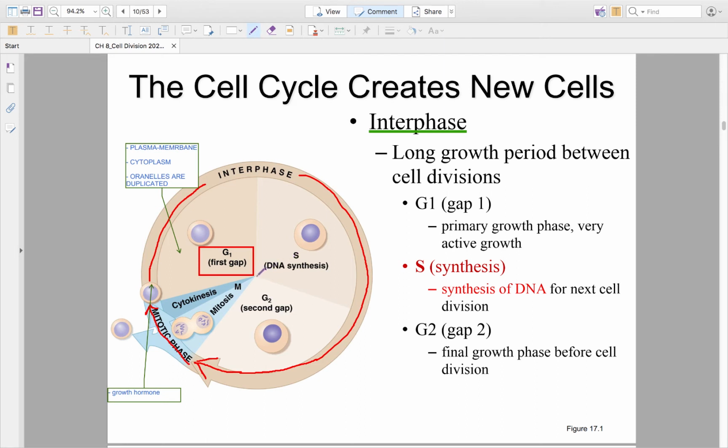Once that cell has left the G1 phase, it will move into the next phase, called the S phase. S stands for DNA synthesis. Everything else was duplicated in G1, but in the S phase, the only thing that's copied is DNA.